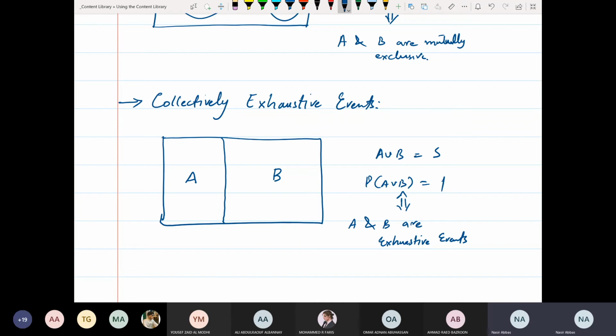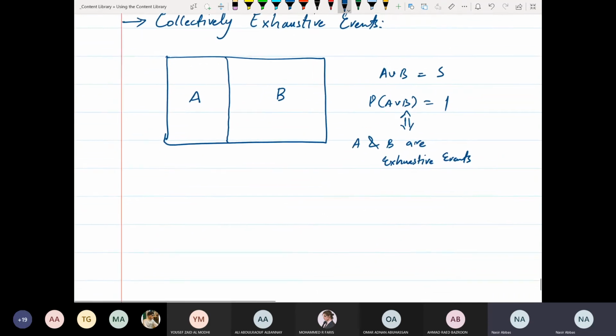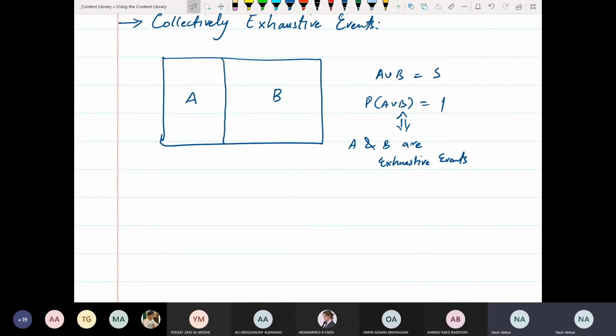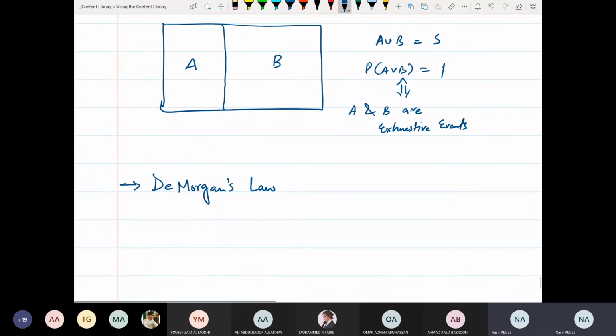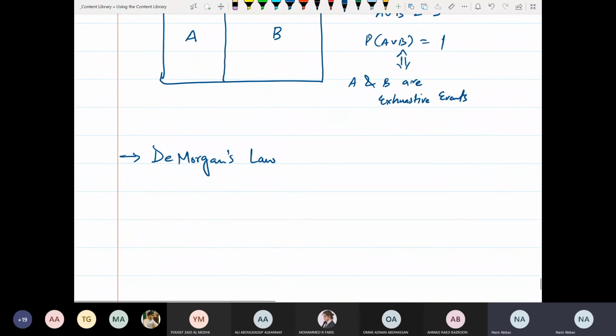And finally, there is something called De Morgan's law that you are aware of from basic calculus courses. In set theory, this De Morgan's law is very frequently used.